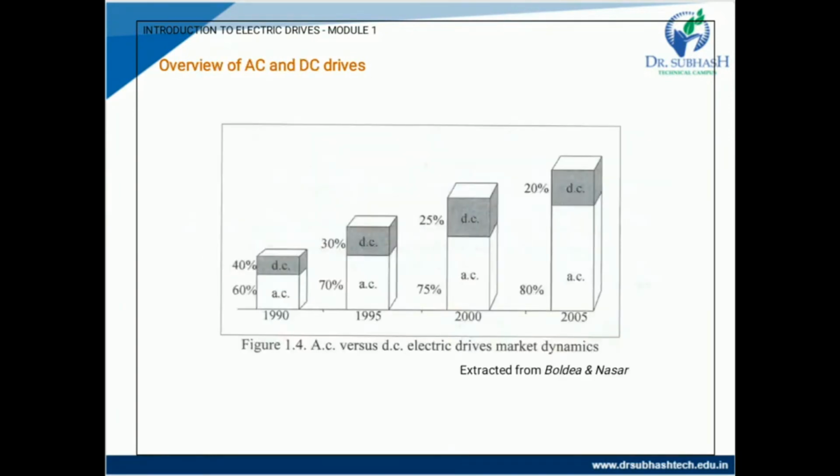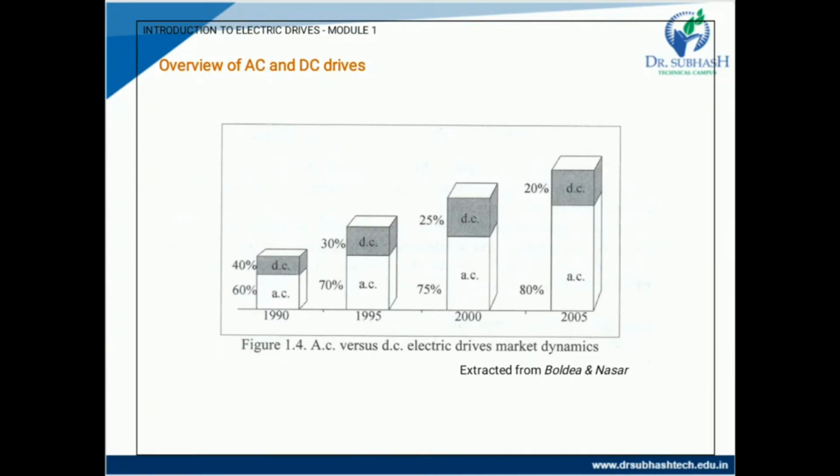So this is the overview of AC and DC drives. AC versus DC electrical drives market dynamics. Before the 1990s, out of total drives, 60% were AC drives and 40% were DC drives. In 1995, after 5 years, 70% were AC drives and 30% were DC drives.